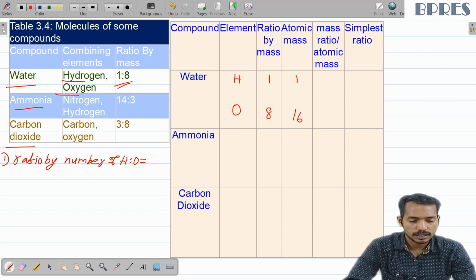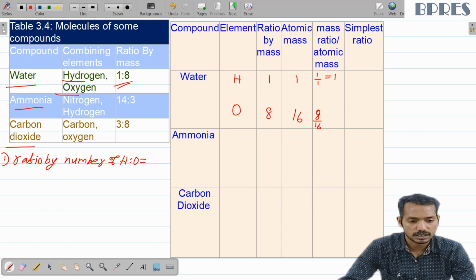Clear? Then mass ratio divided by atomic mass. So what is the mass ratio of hydrogen? That is 1, divided by the atomic mass of hydrogen, 1. 1 by 1 is equal to 1. Now what is the mass ratio of oxygen? That is 8, divided by atomic mass 16.